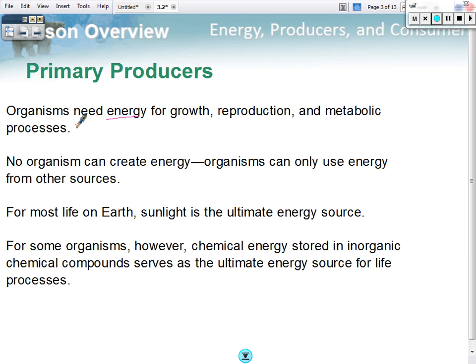No organism can create energy. Energy cannot be created. There's a theme to that with sciences, but basically you cannot make energy. We can use it, we can get it from sources, we can even convert it to different types of energy, but we cannot make it.